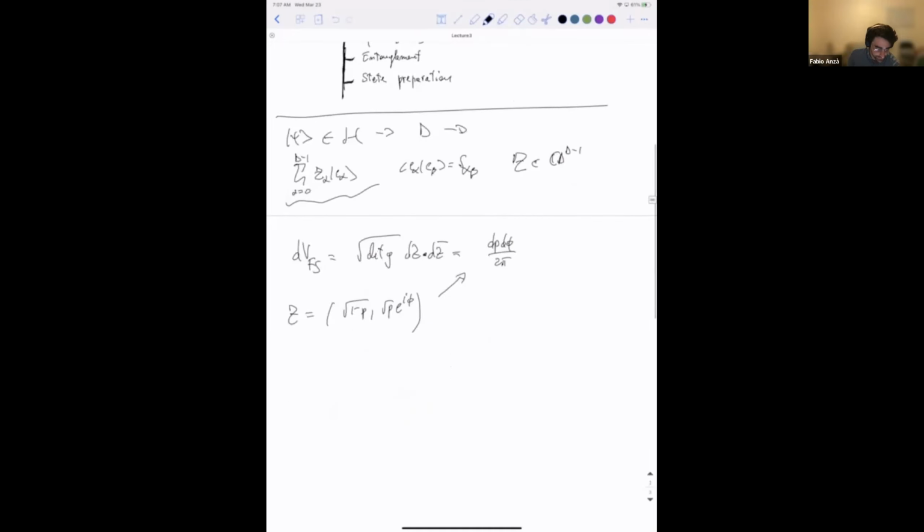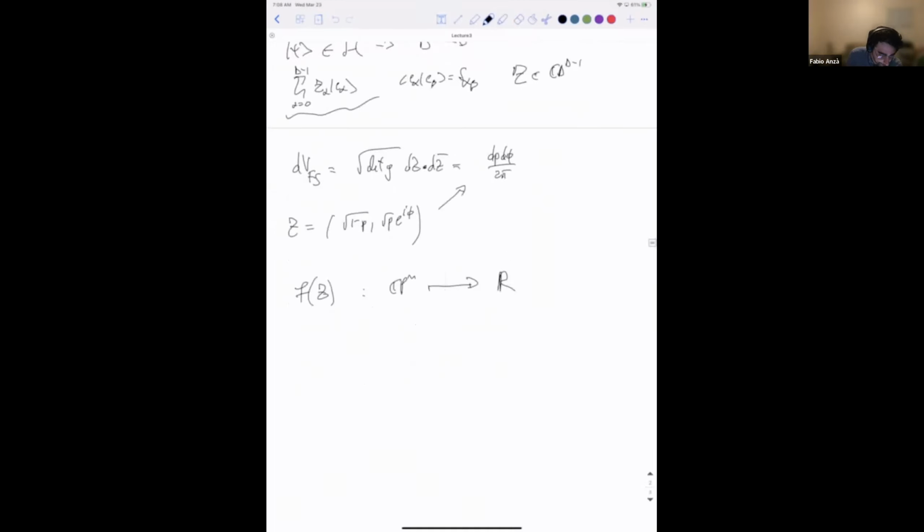As I mentioned at the end of the past lecture, this means that if I have a scalar function from CP^N that associates a real number, then it makes sense to write the following integral with the Fubini-Study measure, because this is independent of the coordinate system that we use to compute it. So this would mean, for example, the integral of f(p, phi) dp d-phi divided by 2 pi, where p goes from 0 to 1 and phi goes from 0 to 2 pi.